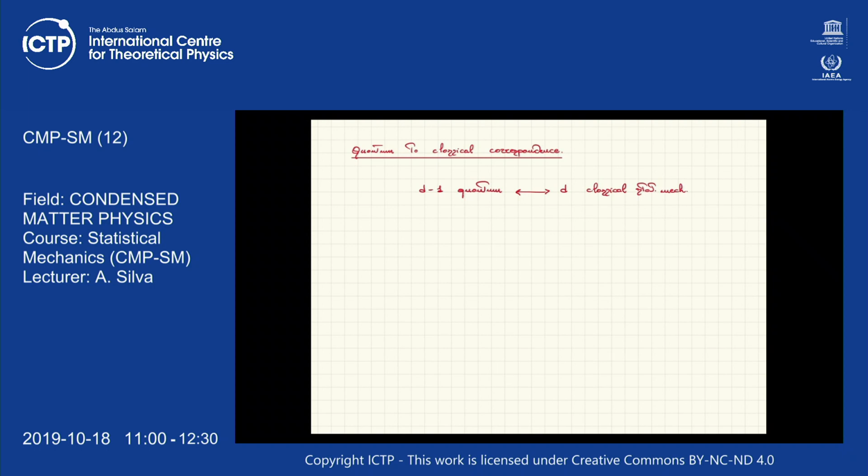In which sense? Let me explain to you. So the vague answer to in which sense is the following. Whenever you use this correspondence, it means that the problem of computing a partition function in a d-dimensional classical statistical mechanics problem is equivalent to the problem of diagonalizing a Hamiltonian in d-1 quantum mechanics.